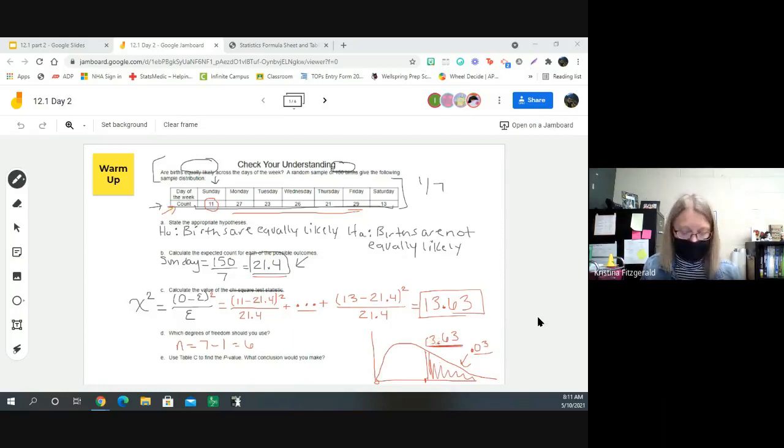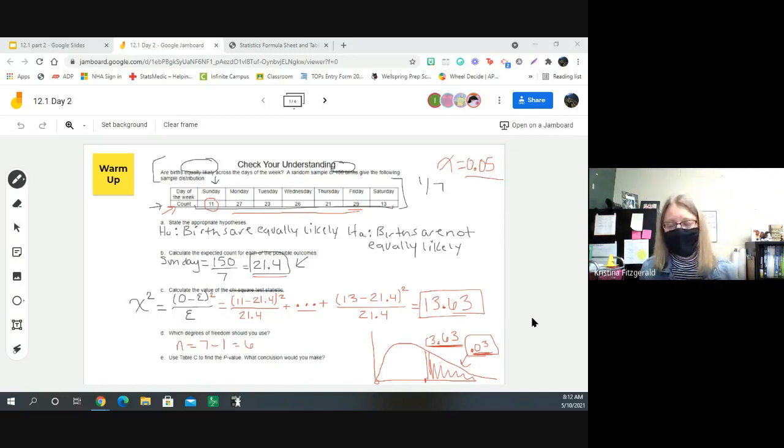So if our cutoff point is our usual 5%, am I going to reject, or am I going to fail to reject? What do we think? Tessa, do you have an inkling of what you want to do? We have a p-value of 3%, and our cutoff is always 5%. So do you want to reject or fail to reject?